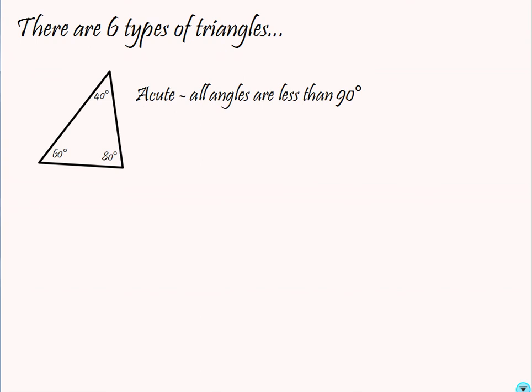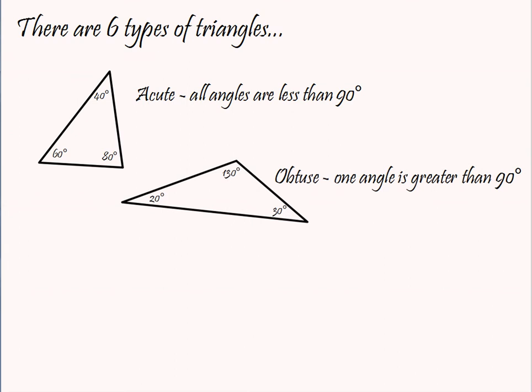First of all, we have what's called an acute triangle where all angles are less than 90 degrees. No exception to that rule, right? Then we have triangles that are called obtuse where one angle is greater than 90 degrees. Only one of your angles can be greater than 90 degrees, otherwise triangles don't really work.